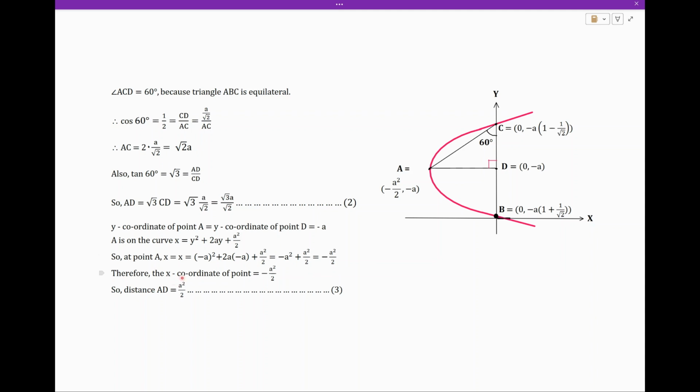Therefore, the x-coordinate of the point is equal to minus a square by 2. So what we have done here is, in the given equation, we have put in the value of the point A to get the x-coordinate at A.